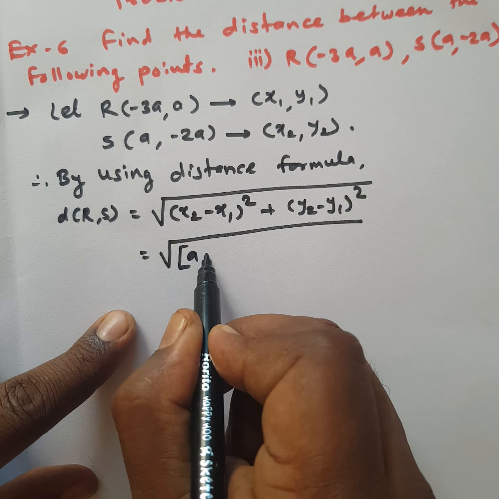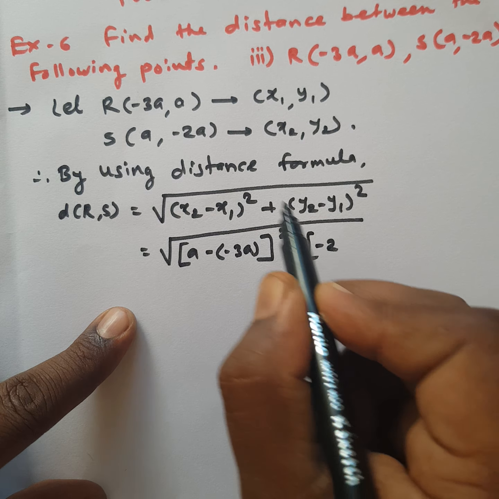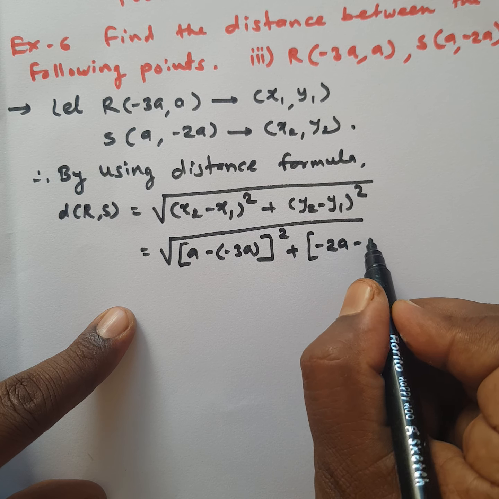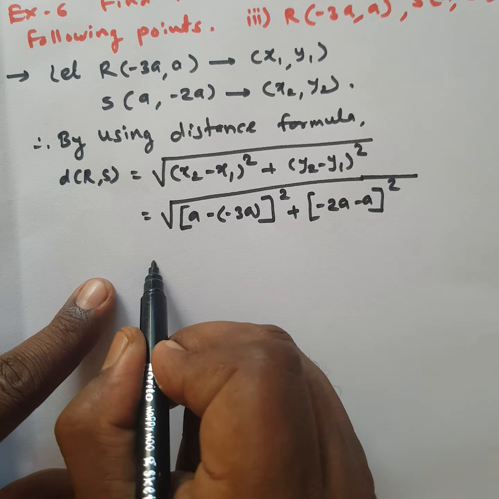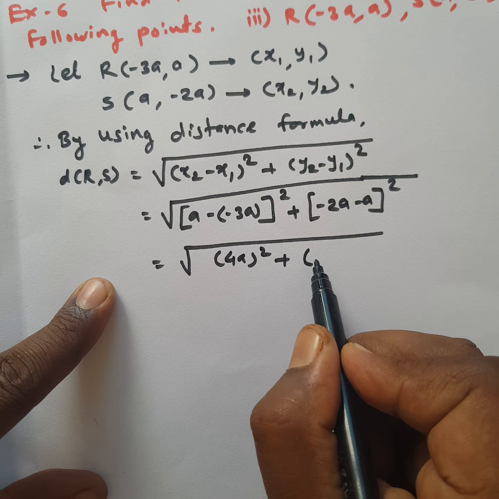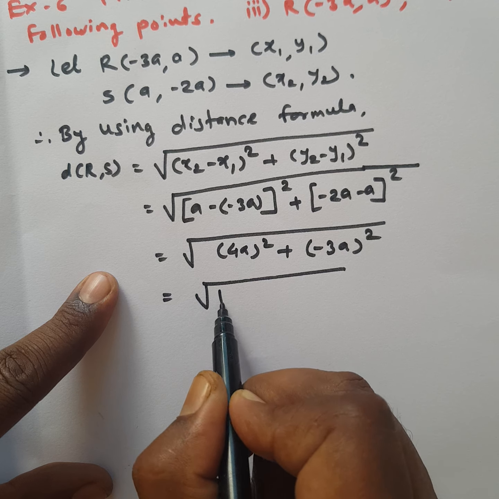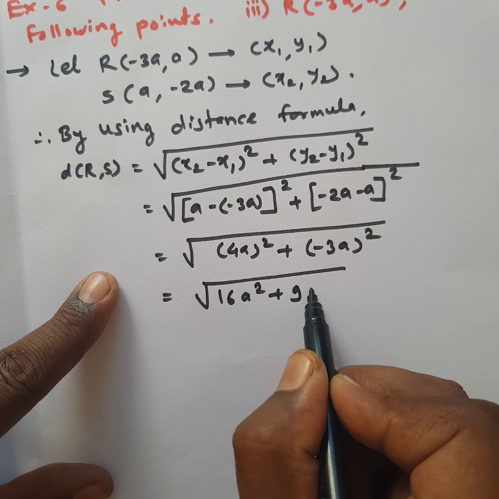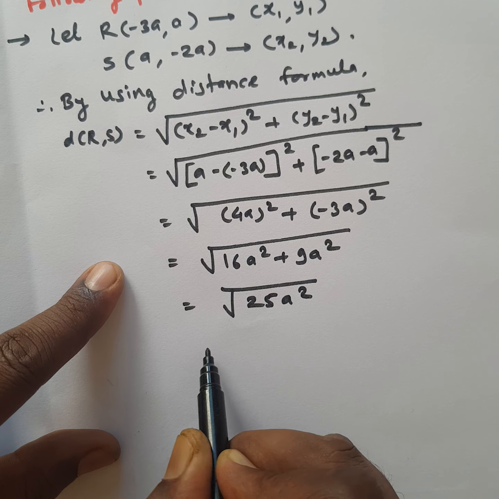Here x2 is a, x1 is minus 3a, y2 is minus 2a and y1 is a. So it is (a minus minus 3a), that is a plus 3a, which means (4a) squared, plus (minus 2a minus a) squared, which is minus 3a squared. This is equal to 16a square plus 9a square, which is equal to 25a square.